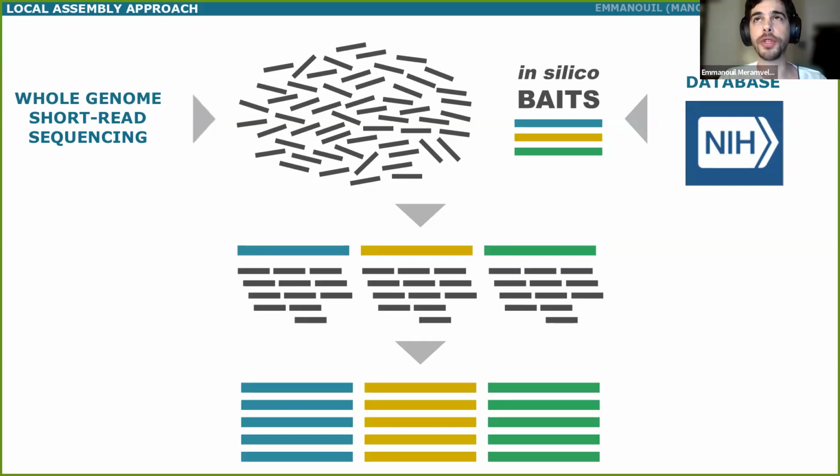Just to put it simply, some sequences that you are interested in and you can find in several public databases like NCBI. And what the local assembly does, well, it's in the name. It takes each of these sequences that you have as baits and tries to assemble them for the genome that you have sequenced.